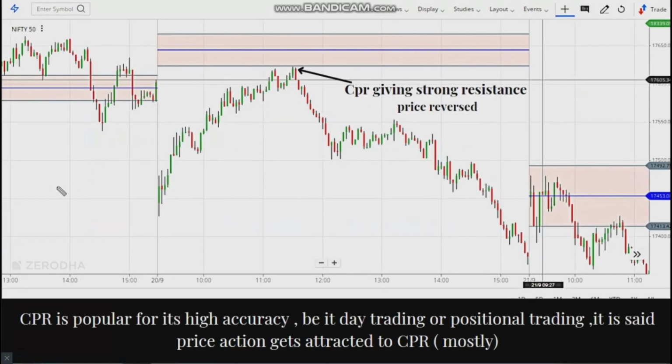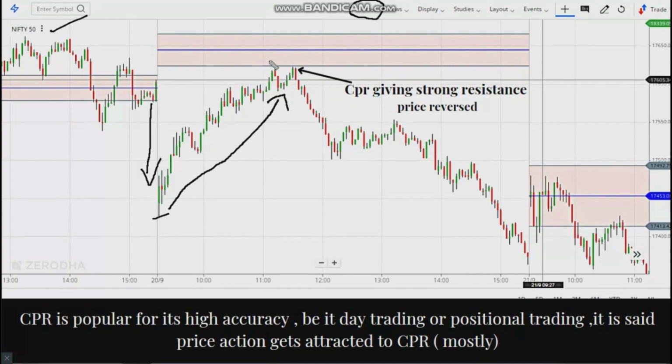Let me show you one more example of CPR giving support and resistance to the price action candle. Here I have taken an example of Nifty 50, again 3 minute time frame, and as you can see the market actually opened with a good gap down, and from here it started going upward.